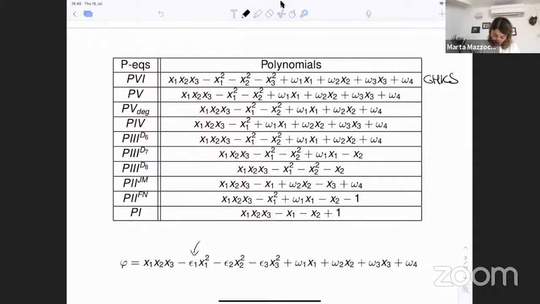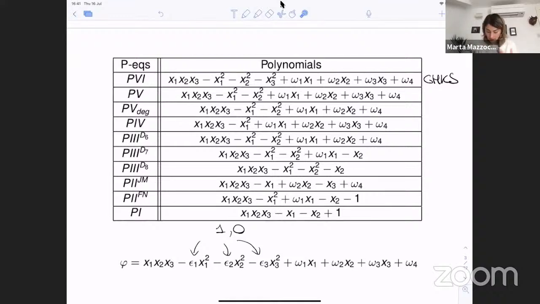So this number epsilon can either be 1 or 0 as you go down the list. For example, here epsilon 3 is 0. Here all the epsilons are 0. And for us, it was important that the quantization procedure we obtain is compatible with this confluence. This is not at all trivial because it's a degeneration, but I will show you what that is.